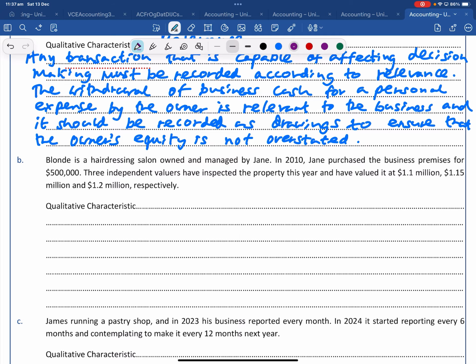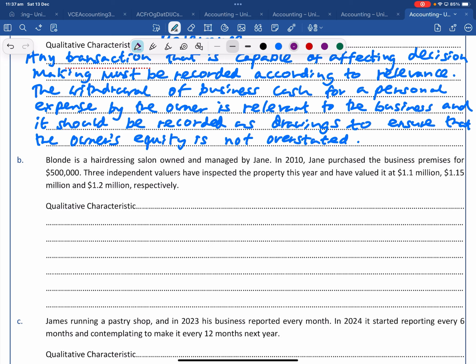And then it appeals to verifiability because it allows different users to agree that an event is faithfully represented. This is basically it, because three independent valuers agree on the hairdressing score. I believe it's verifiability.